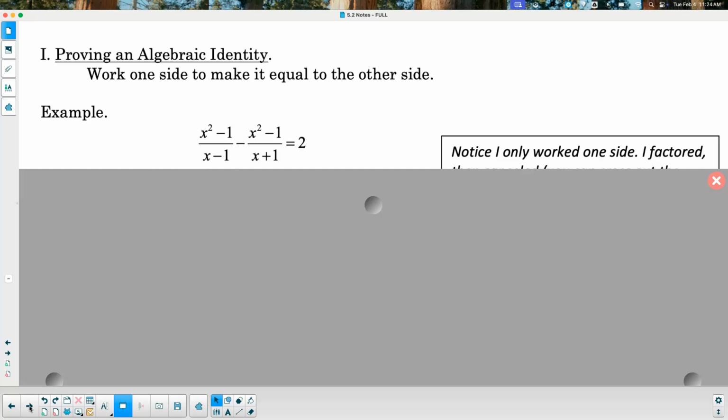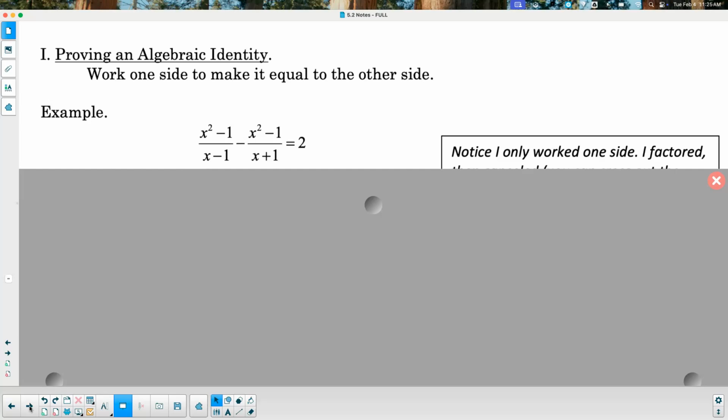I'll say that again for emphasis. When you're proving something, you only work one side. Now, because you can only work one side, you're going to take the ugliest, scariest side, the one you just want to say, not happening.